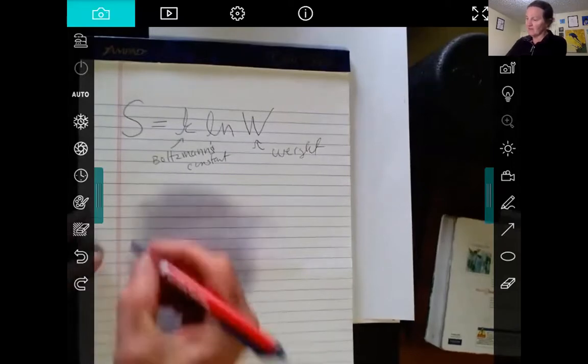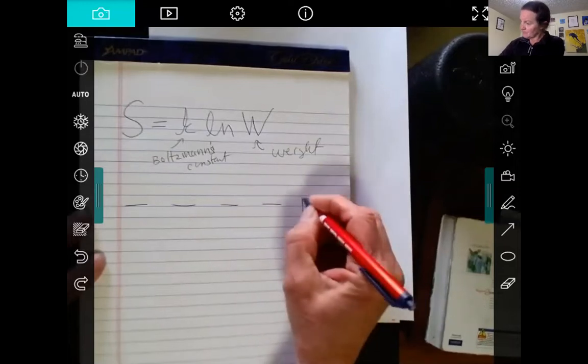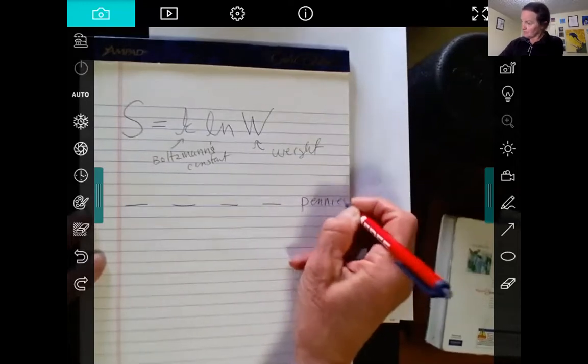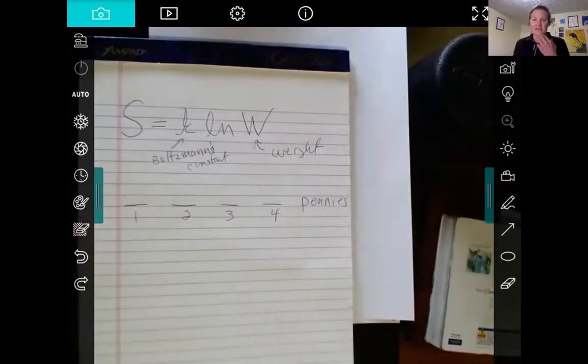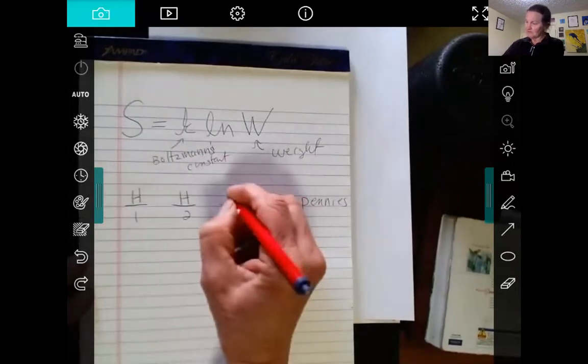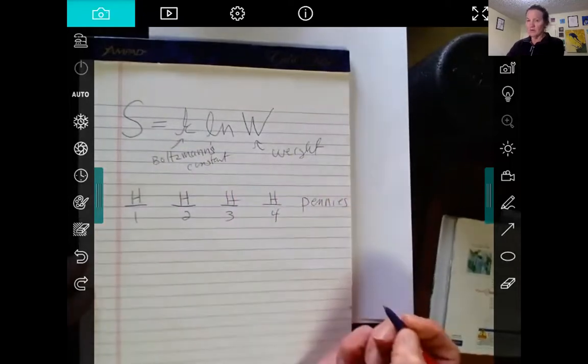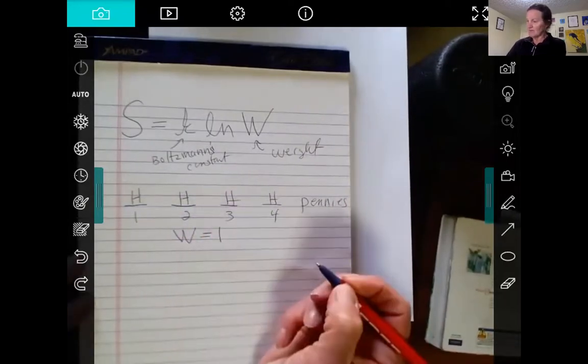So let's look at having 4 pennies. How many different ways with those 4 pennies could you flip them and end up with all heads? Well, this would have to be heads, no choice, no choice, no choice. So the weight of all heads is 1.